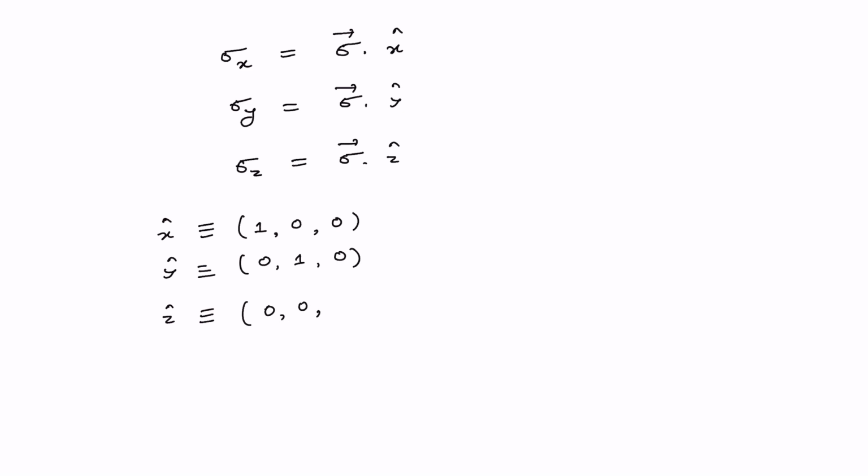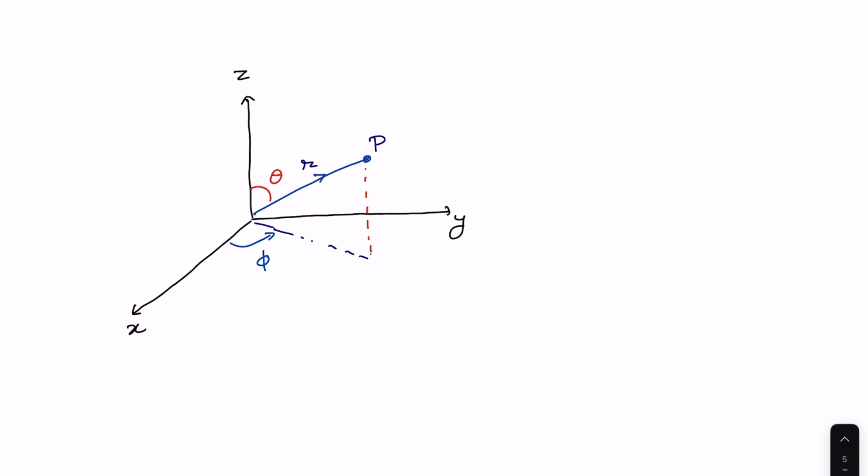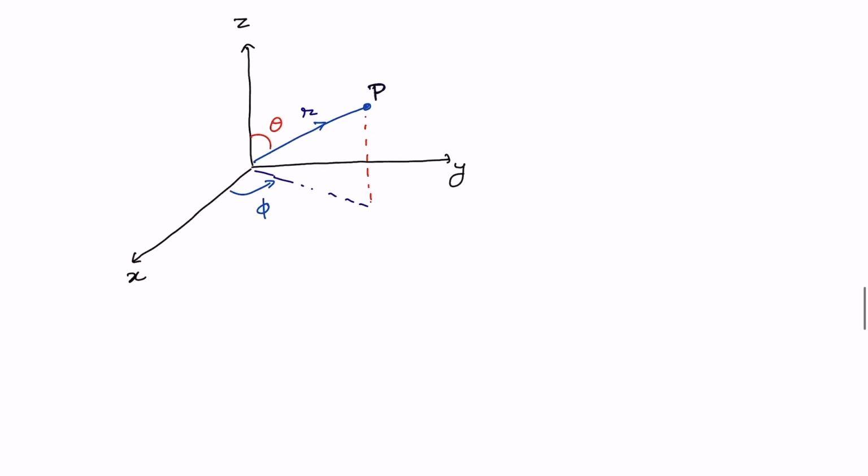0 0 1. Now if I consider an arbitrary point P in a sphere of radius r, in terms of the so-called spherical polar coordinates, which I am sure all of you are aware of, the projection is simply r sine theta.